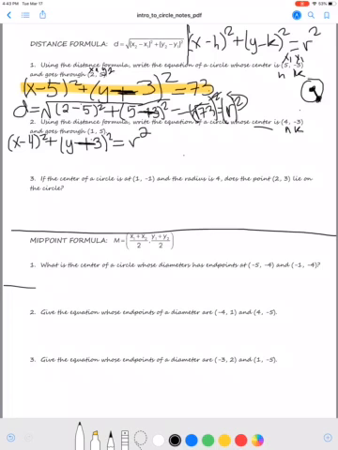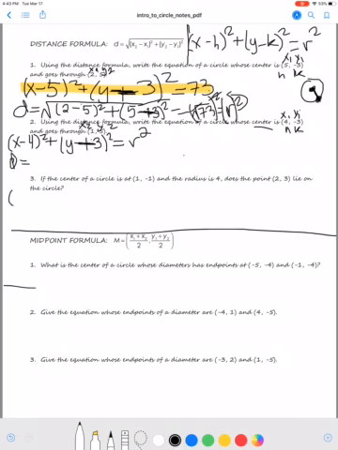Now from here, to find r, I'll do the same exact process. I'll label x1, y1, and this point that's on my circle, x2, y2. From here, I'm going to plug it into the distance formula.